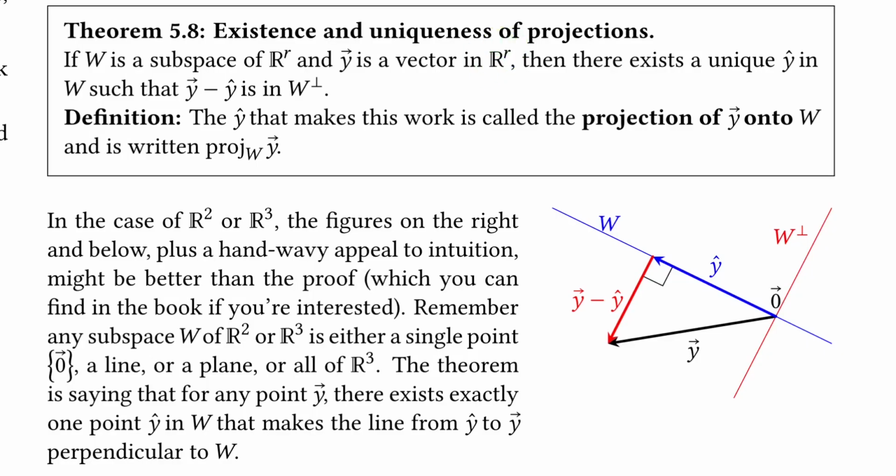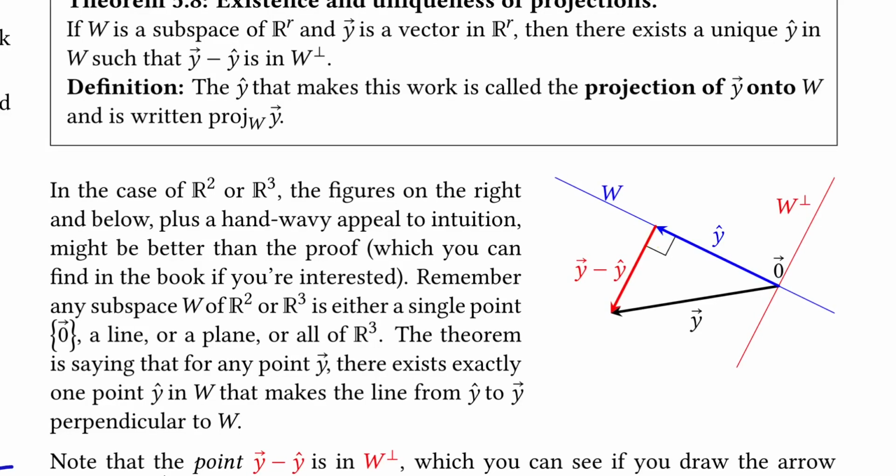So what this says is that if you take any other vector like this y vector here in R^n, then there's a unique y hat. This is the y hat here. There's only one y hat that makes it so the vector from that y hat point to y is perpendicular to the subspace W. And if you say, well, what if there's some other point over here?